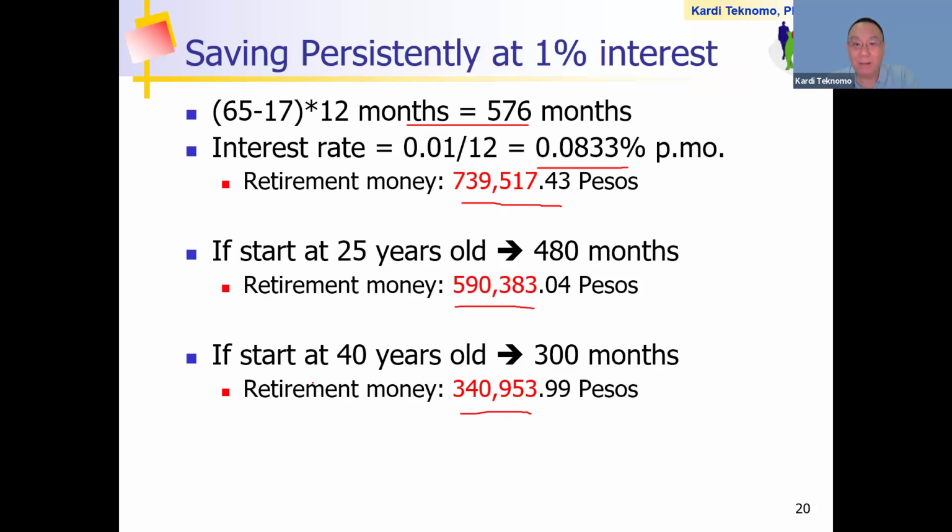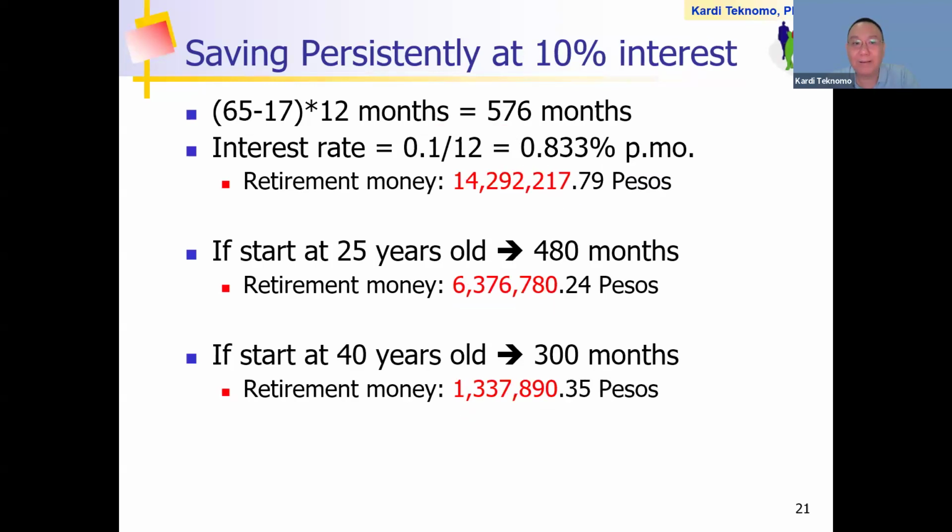Next we simulate what happens if our saving is at 10%. Look at the number. The same computation, so instead of 0.01, the interest rate now becomes 0.1 here.